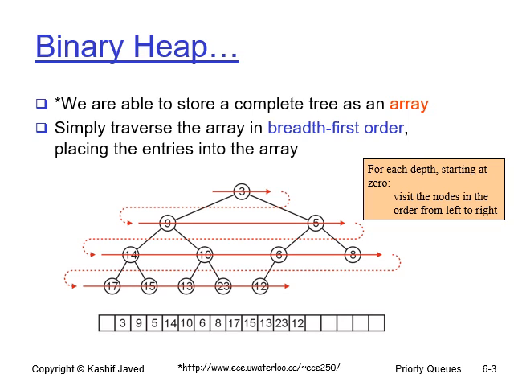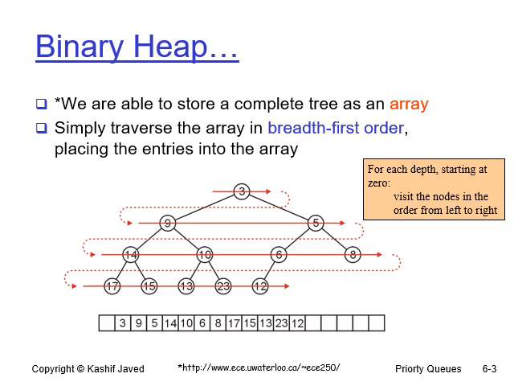So basically when you insert the numbers in this fashion, they can be stored in an array. So if you look at just below the tree, we have drawn an array and in the array we have numbers 3, 9, 5, 14, 10, 6, and so on.